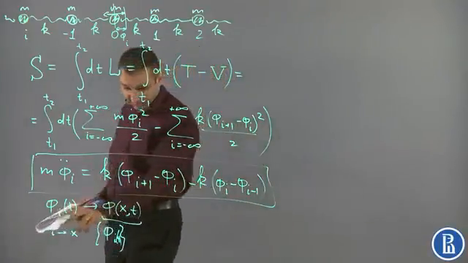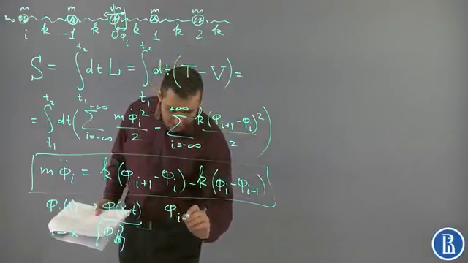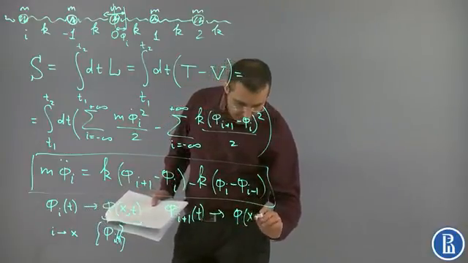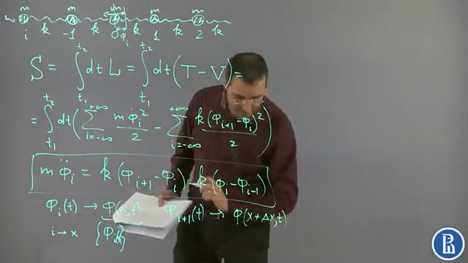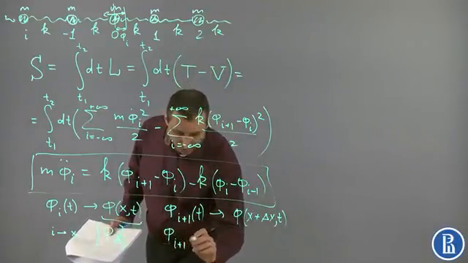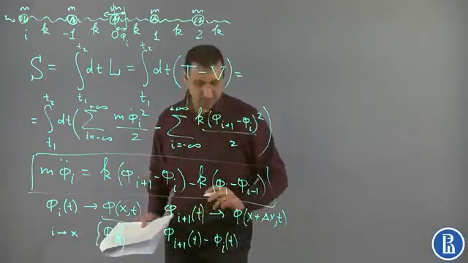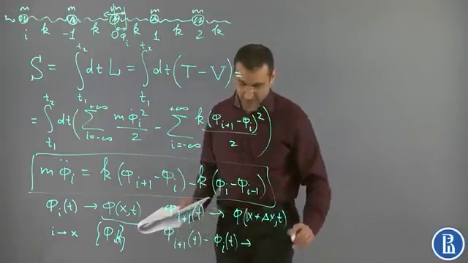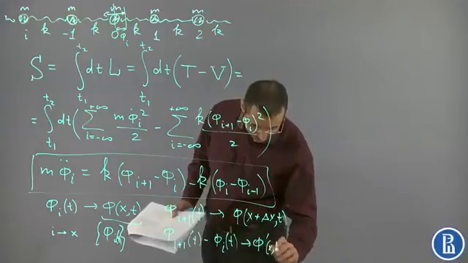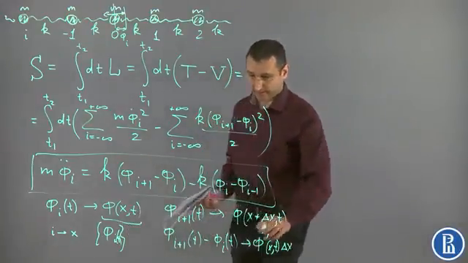So then, if this is the case, then phi i plus 1 of t goes into phi of x plus delta x of t. Then it is not hard to see that phi i plus 1 of t minus phi i of t goes into phi prime of x and t times delta x, to linear order in delta x.